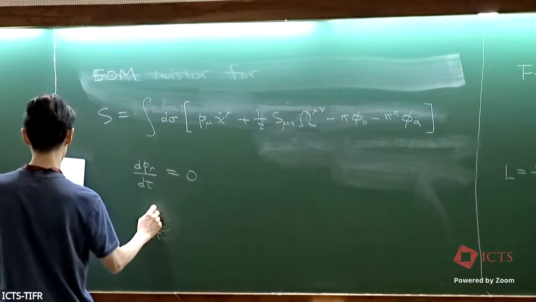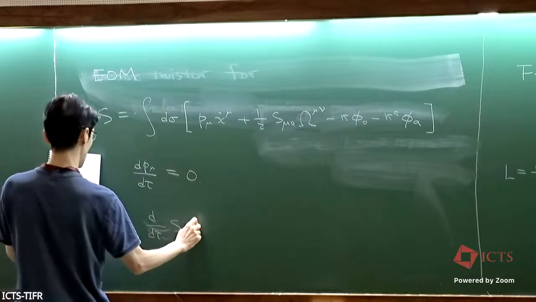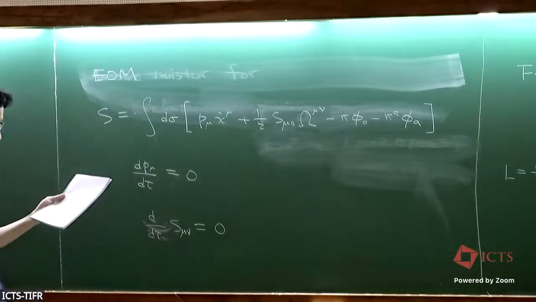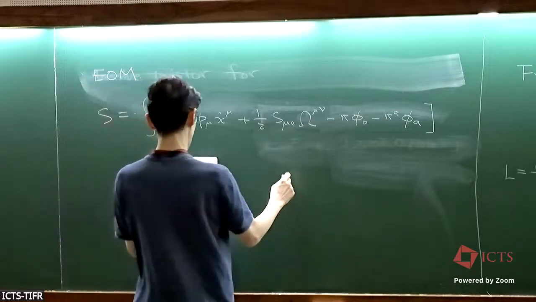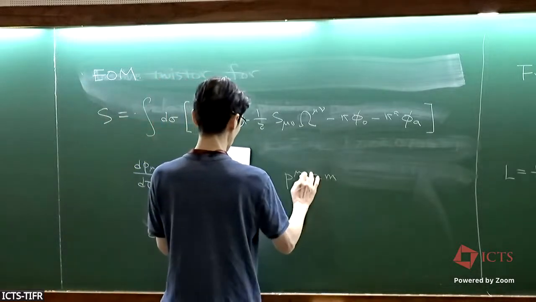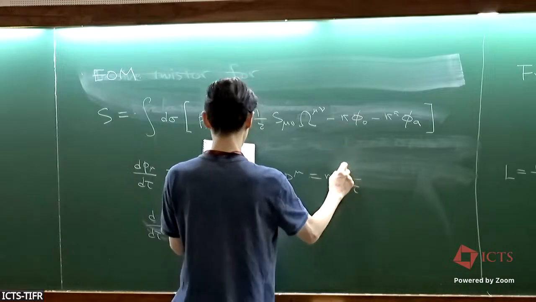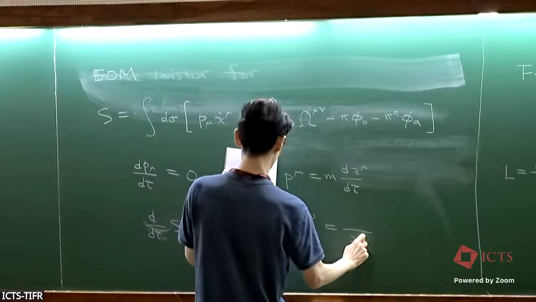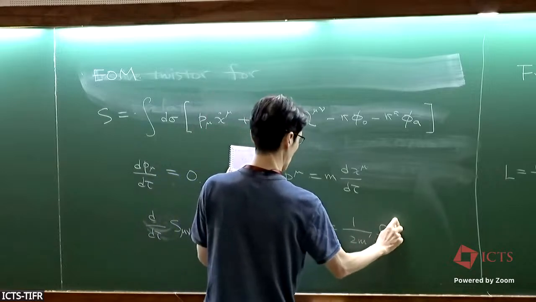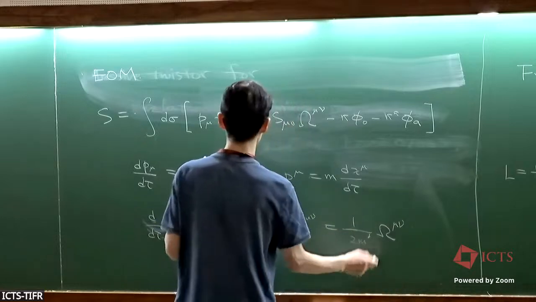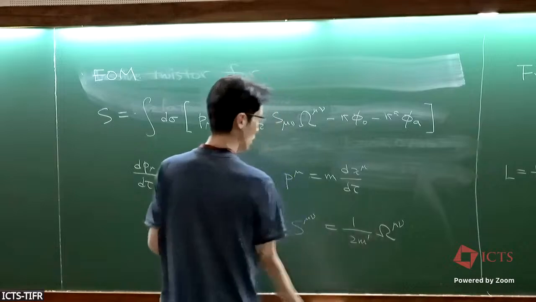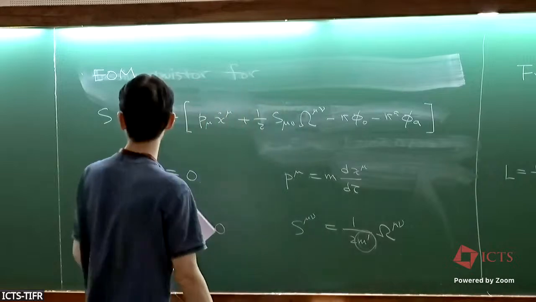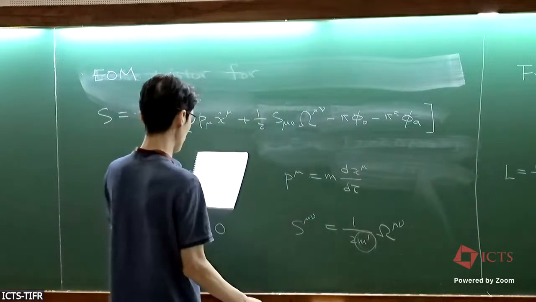So both the linear momentum and the angular momentum of the spinning body are conserved because we haven't turned on the interaction yet. Here, this M prime requires a bit of explanation.